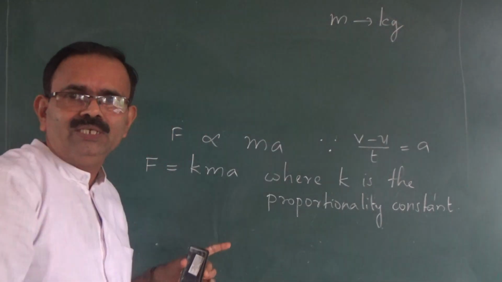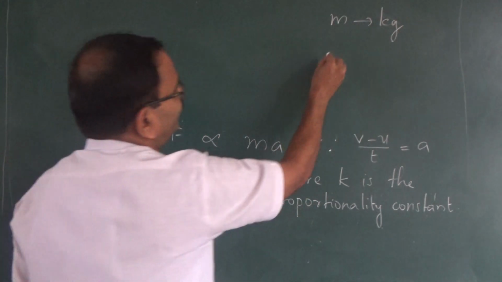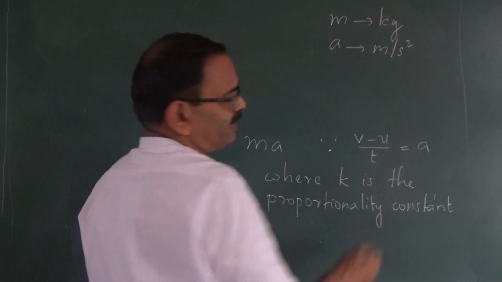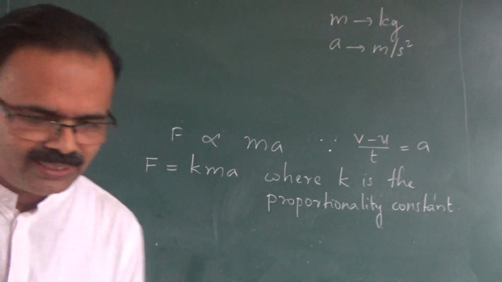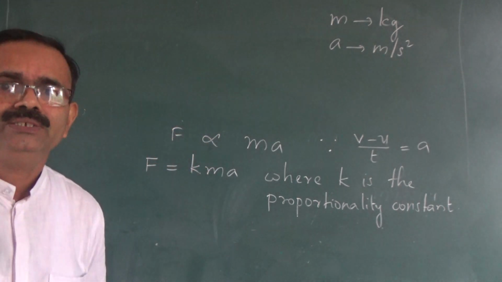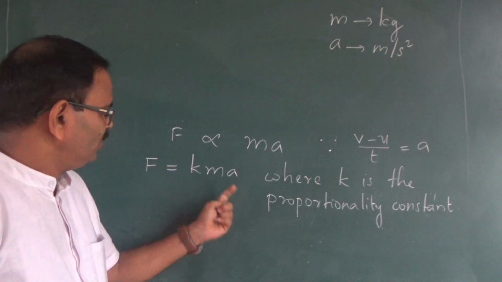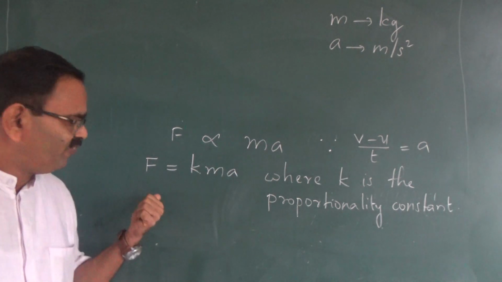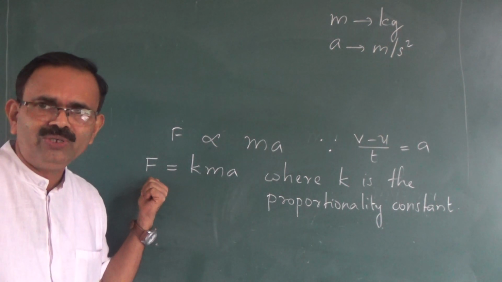Unit of acceleration is meter per second square. Now k is a constant, so it does not have a unit. And you know force is a new quantity introduced by Newton.